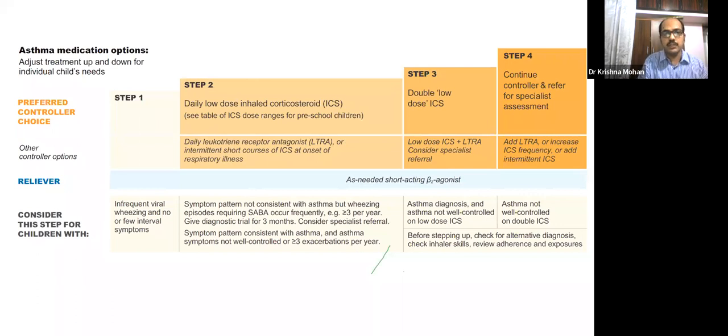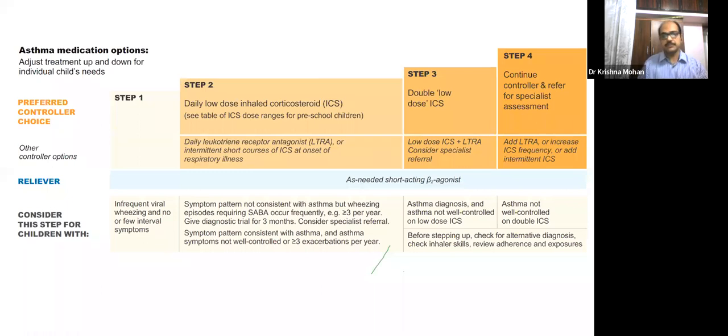So as I already told, there are very limited options in this age group. So step 2 is daily low dose inhaled corticosteroid. So what about step 3? If the patient is not getting control with step 2, then you can go to step 3. It is nothing but doubling the dose of inhaled corticosteroid. So double low dose inhaled corticosteroid is what is advised.